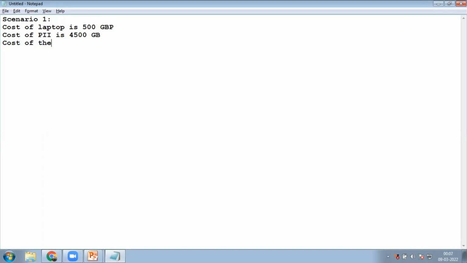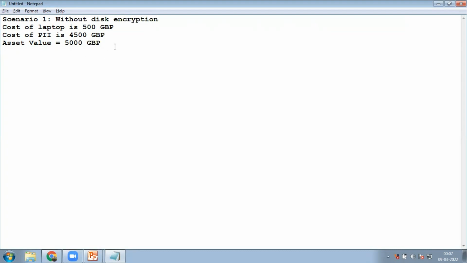So the cost of the asset, or the asset value, is 5,000 British pounds. Now, there's no disk encryption. Scenario 1 is going to be without disk encryption.